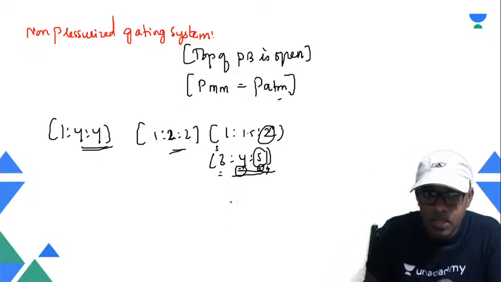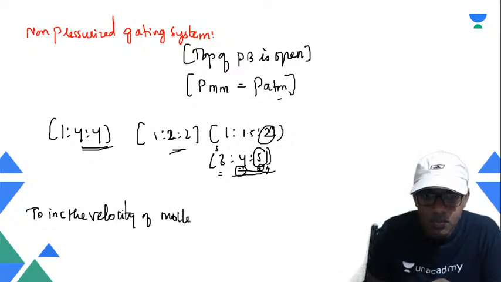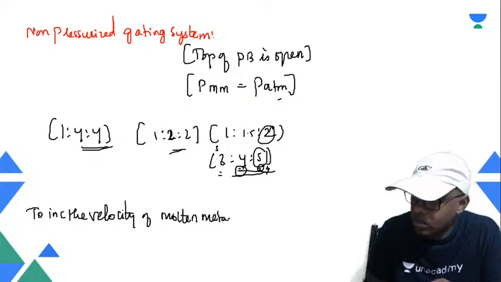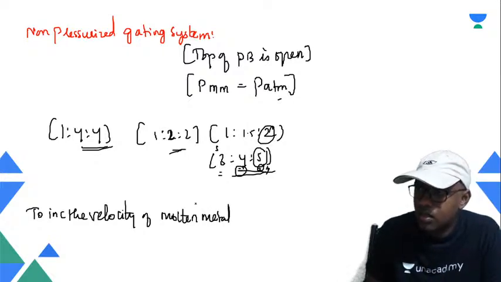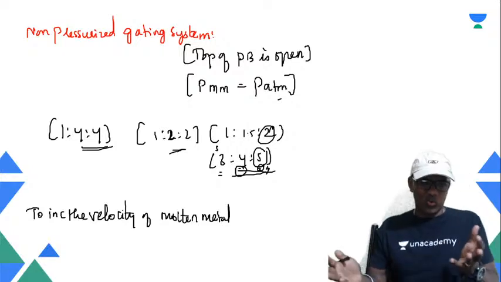Look at this line: to increase the velocity of the molten metal, but without increasing the height of the sprue. Sir, how? What are you talking about?